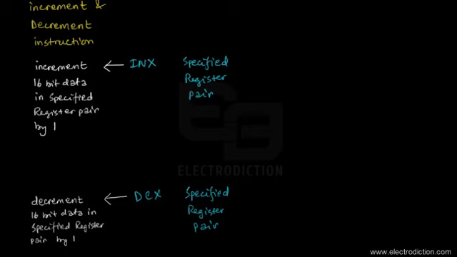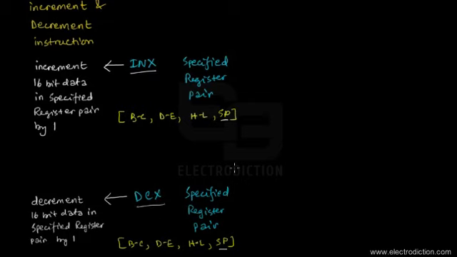Let me also tell you that all the register pairs possible out of the general purpose registers present in the inbuilt RAM of the 8085, and even the stack pointer register, can be taken as the operand for these two instructions. It's worth mentioning that both of these instructions are single byte.